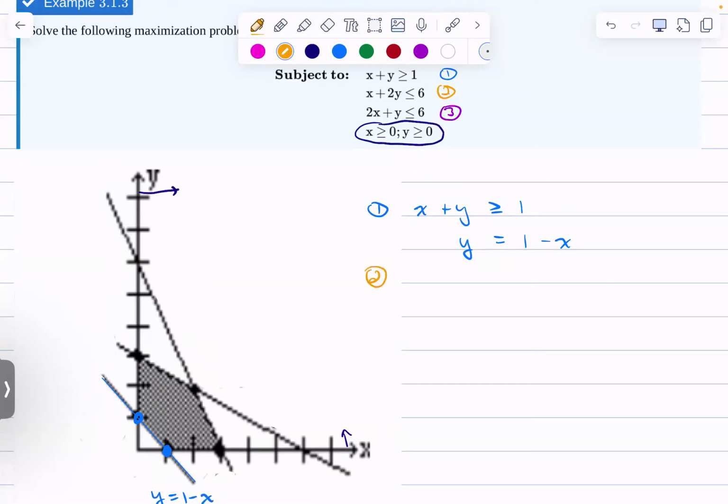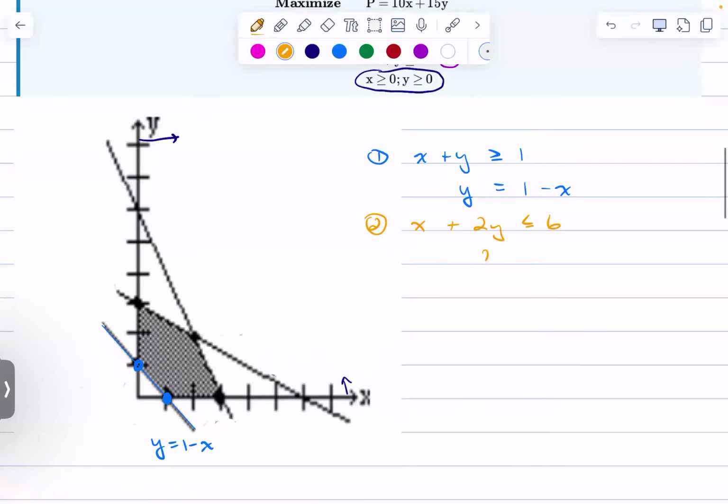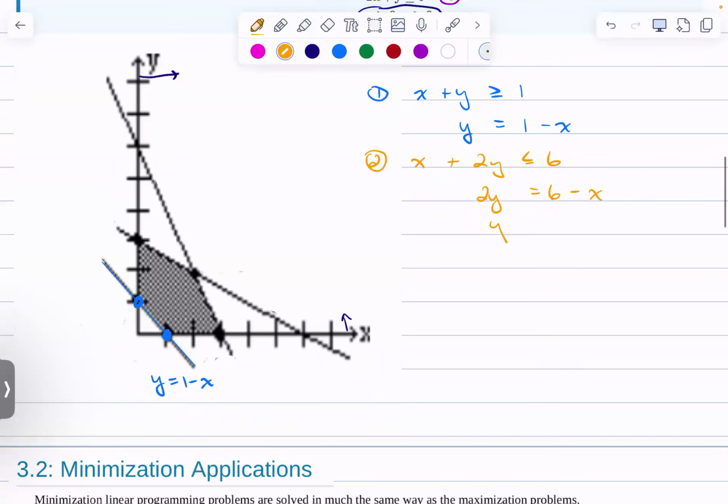How about for 2? 2 started as x plus 2y is less than or equal to 6. And if you wanted to, you could write a new line with x plus 2y is equal to 6, and then rearrange for y. Let's do 2y is equal to 6 minus x, which makes y equal to 6 minus x, divided by 2.